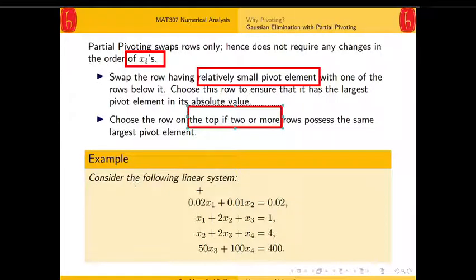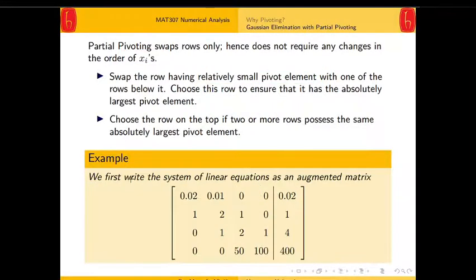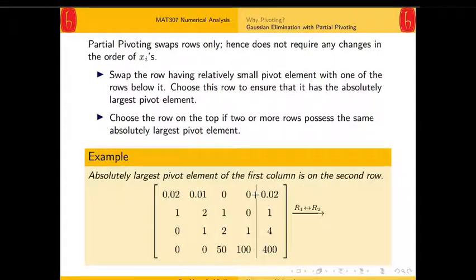Consider the following linear system. So this is our linear system, and we put it into its augmented matrix form. Once we do that, we get to this point. Here we see in the first column, we need to choose a pivoting row and pivot element.